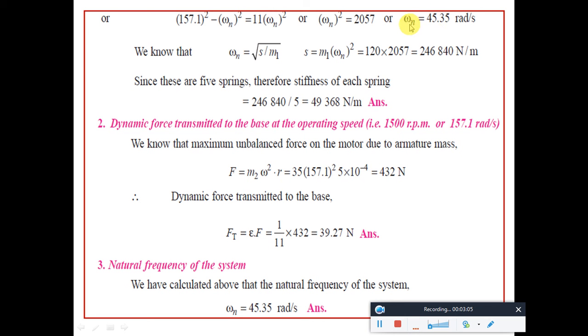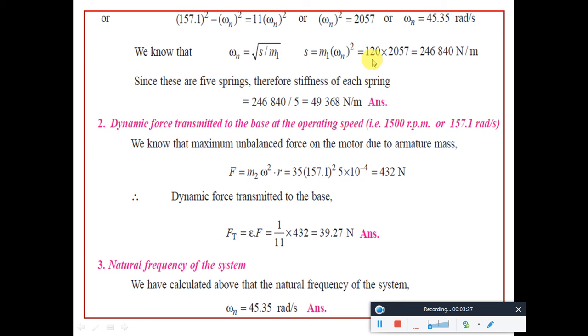Once you find the natural angular frequency, you can find the stiffness, because the mass of the motor is already given, since omega n is equal to root of S by m. Here we are taking m1. Squaring on both sides, we get omega n square equal to S by m1, or S is equal to m1 into omega n whole square.